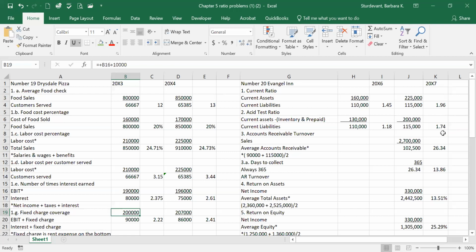So a big difference that you saw was that the prepaids went down 10,000. Inventory only went up 5,000, but your current assets total increased by 65,000. So a lot of that increase came right here with those 3 accounts. All right, questions?